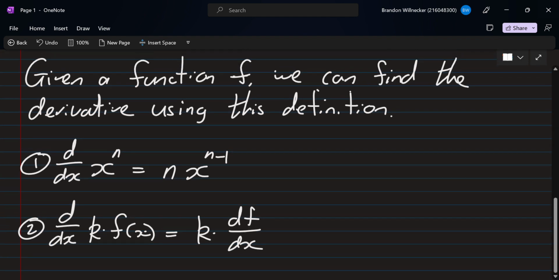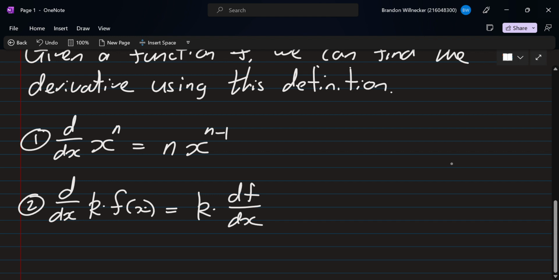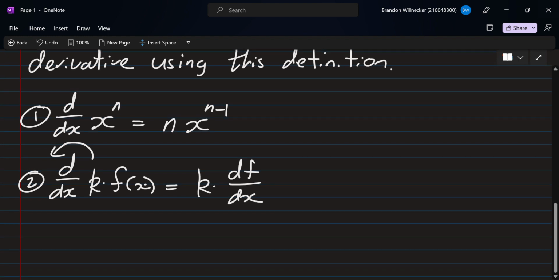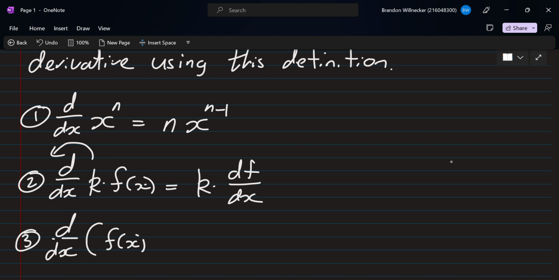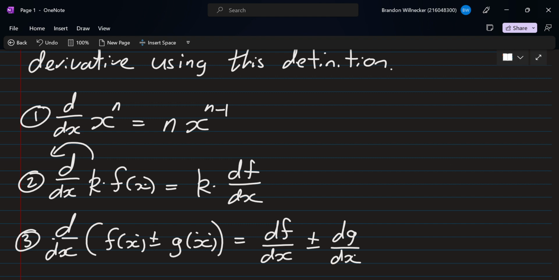So constants are not affected. We can simply take them out of the derivative operation there. Together with this, we have d by dx of f of x plus or minus g of x is equal to df by dx plus or minus dg by dx. So the derivative of the sum is the sum of the derivatives.